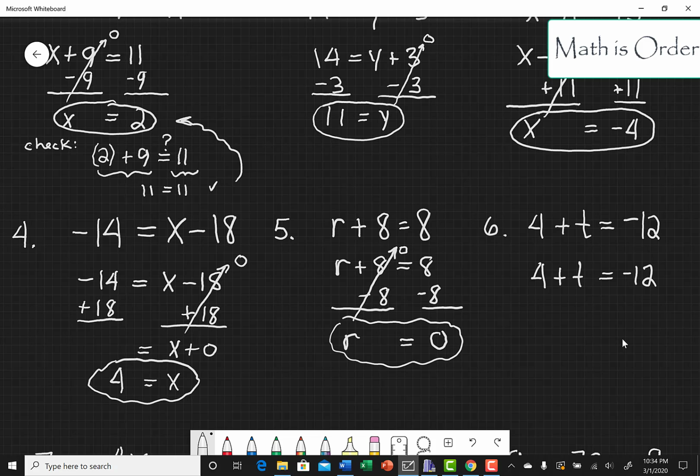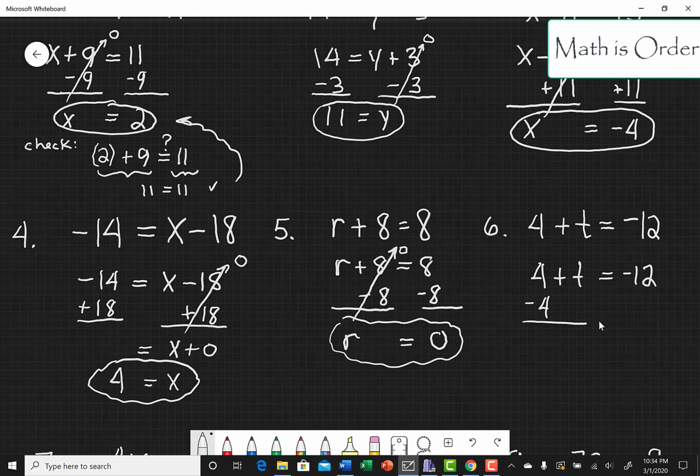What is 4 doing to t? It's added to t. So I've got to do the opposite. If there's no sign in front of a number, it's understood to be a plus. So we want to do the opposite, which is minus.